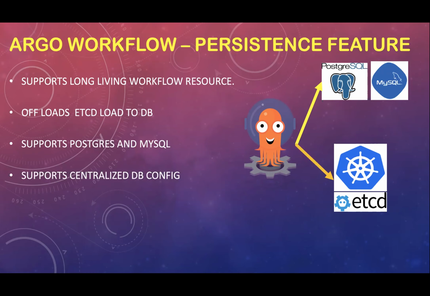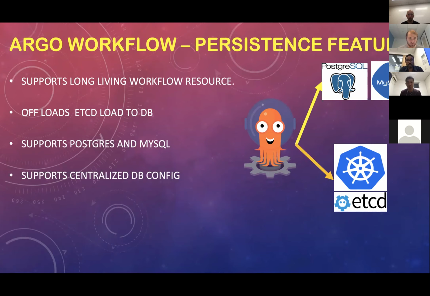It won't store it in etcd, so the etcd 1 MB limit will be kept. That's another feature in persistence, and this will support Postgres and MySQL. The 2.4 release will support centralized DB configuration, which means one DB for all the namespaces.